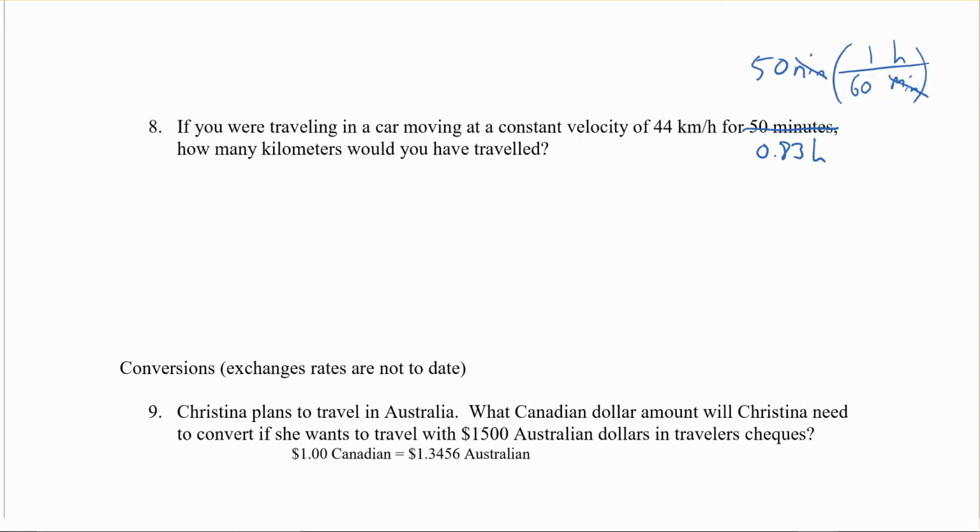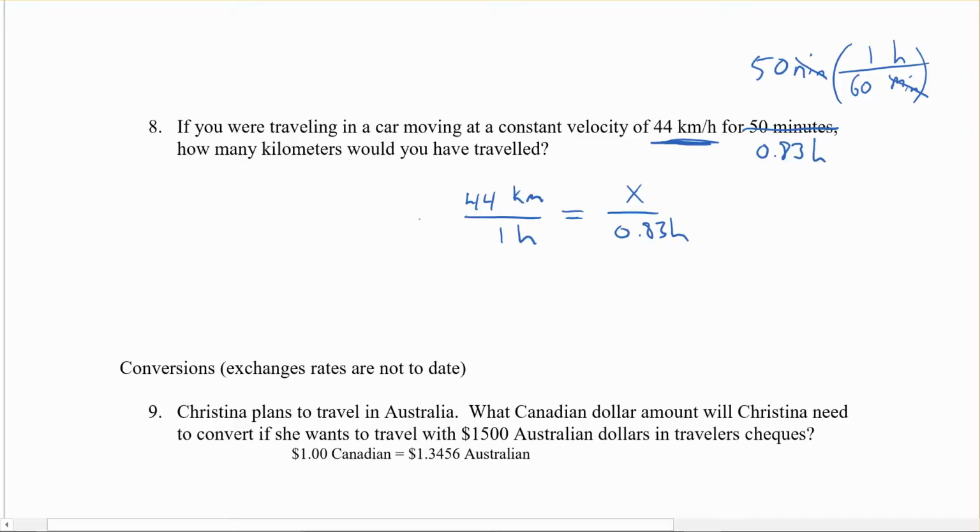And then I'd set this up as a ratio again. If I rewrite this as 44 kilometers over 1 hour, because that's really what I'm saying, right? 44 kilometers per hour. That's what that means. I'm going to say that's going to be equal to something over 0.83 hours, because if I do that, now what I have up here is going to be the same.